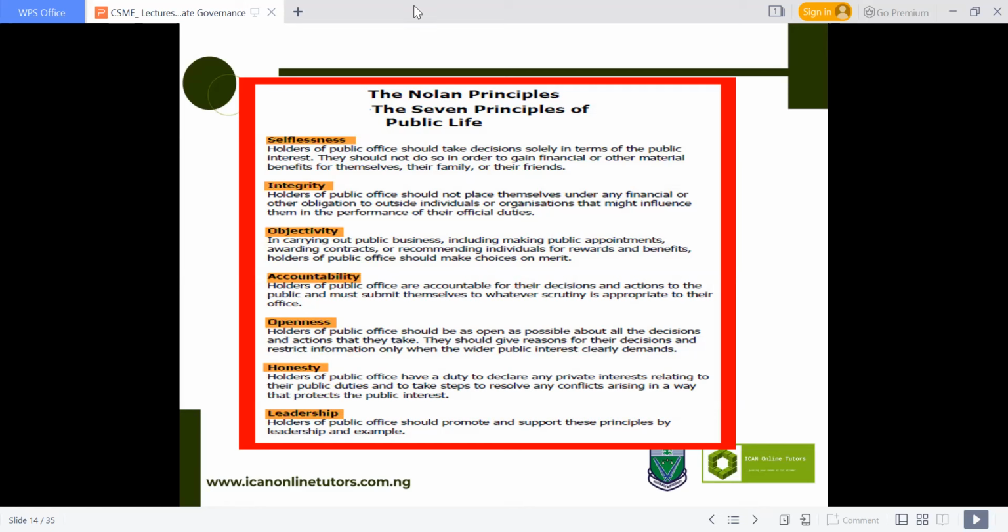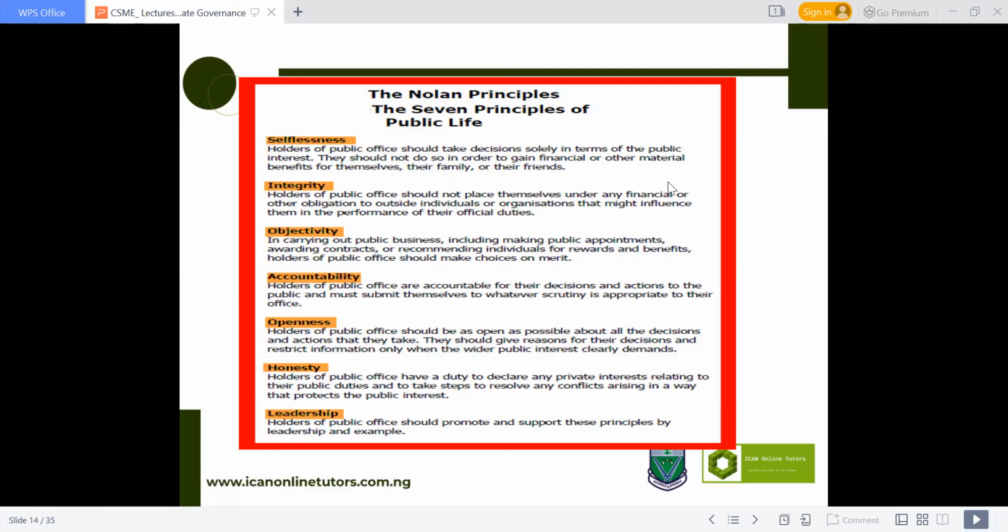The Nolan committee was given a responsibility by the government to provide a code which public sector workers are expected to abide by.